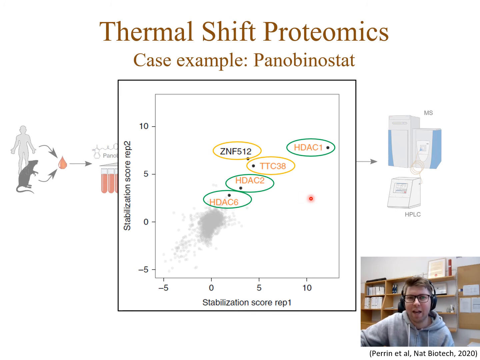So this analysis strongly indicates that panabinostat binds to and stabilizes these 3 HDAC targets, but that it also binds to or has a stabilizing effect on these 2 proteins. And these may then be either unwanted off-targets of the inhibitor or desired additional targets of the inhibitor.